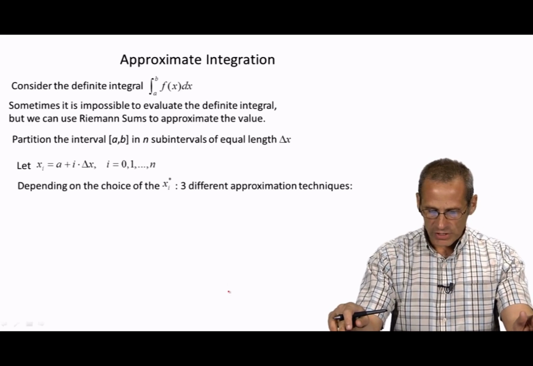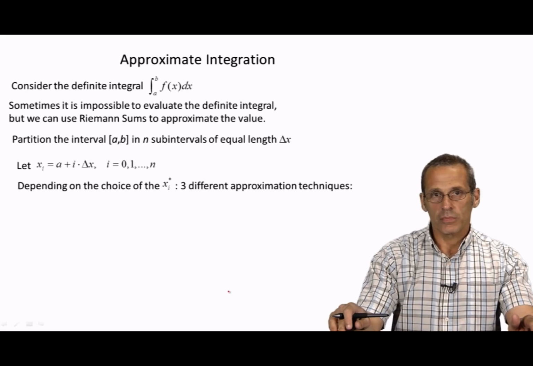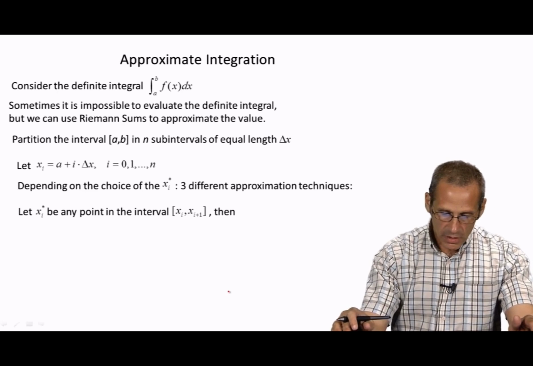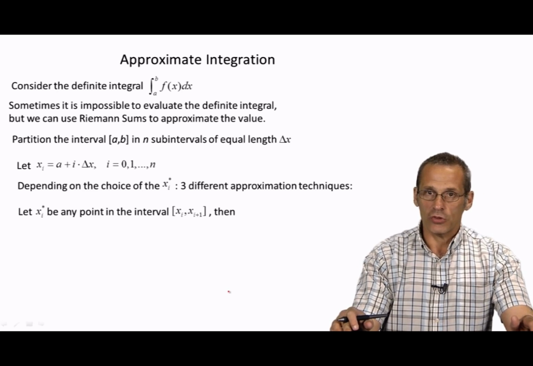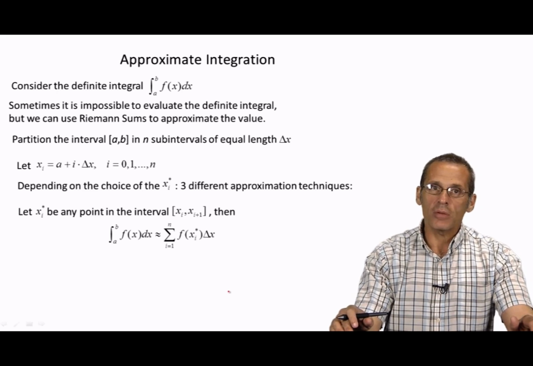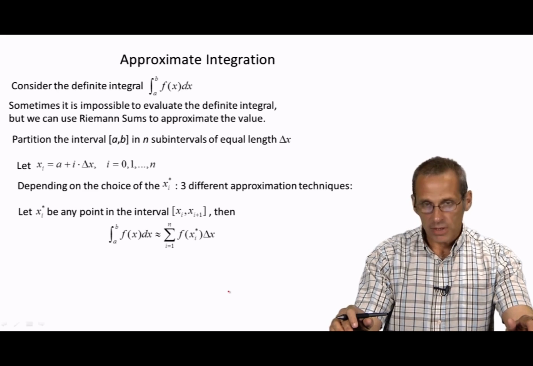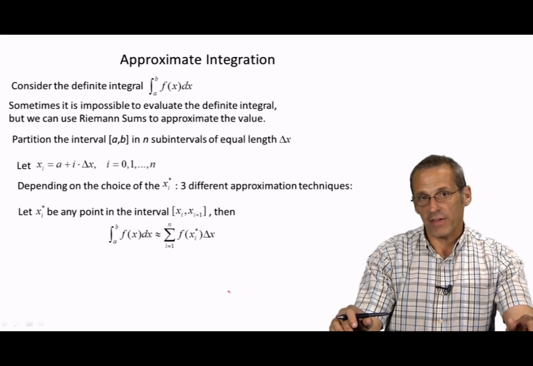Now, depending on the choice of x sub i, there are three different approximation techniques. There's a left sum, a right sum, and a midpoint rule. If x sub i star is any point on the interval x sub i to x sub i plus 1, then the definite integral from a to b of f of x dx may be approximated with the Riemann sum, i equals 1 to n of f evaluated at x sub i star times delta x.